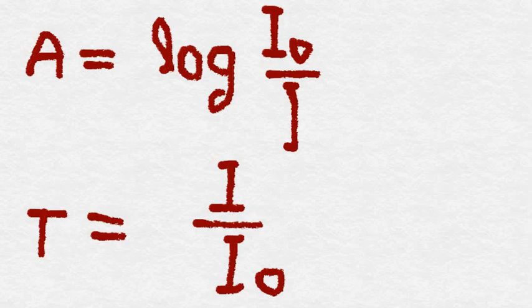We can also calculate transmittance by this formula: T equal to I by I naught.